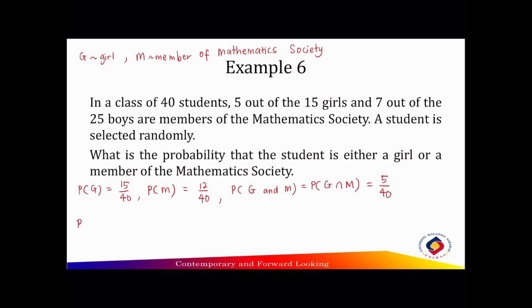Now for P(G or M), we use the union, P(G union M).